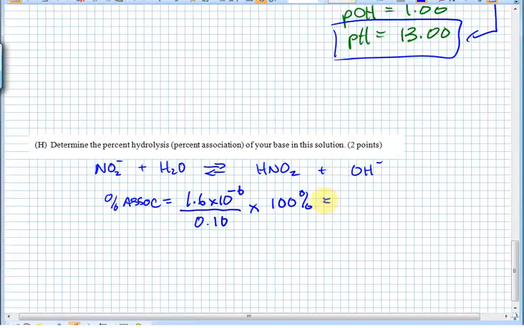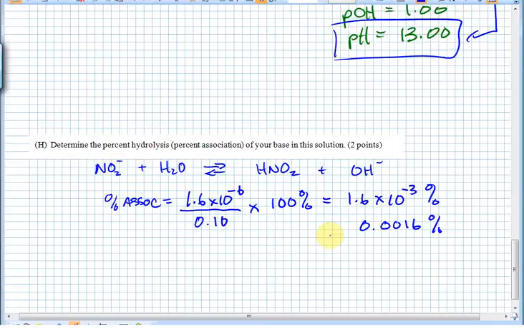It's going to be 1.6 times 10 to the minus 5th times 100. This is going to be 1.6 times 10 to the minus 3 percent, or 0.0016%. Okay, everybody good? Tiny, tiny percentage.